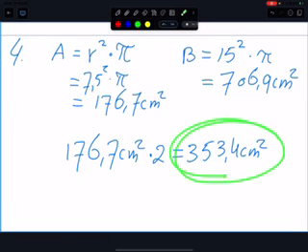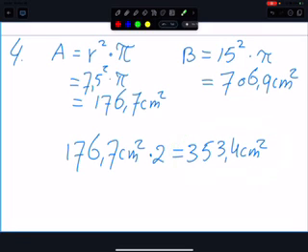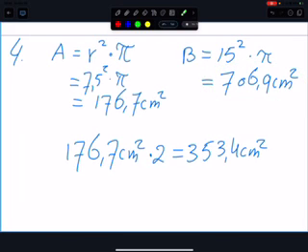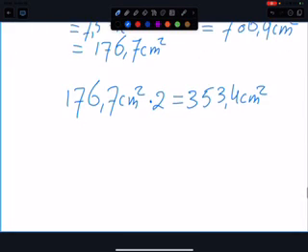Is 353.4 square centimeters the same as 706? No, it's not the same. So your answer, no, it's not the same. That is your answer. Answer is no, it is not the same. Yes.